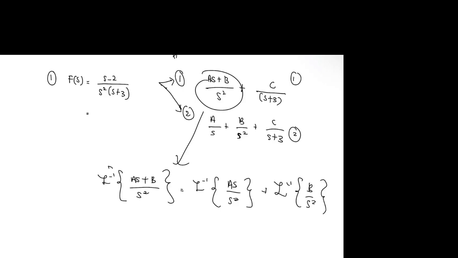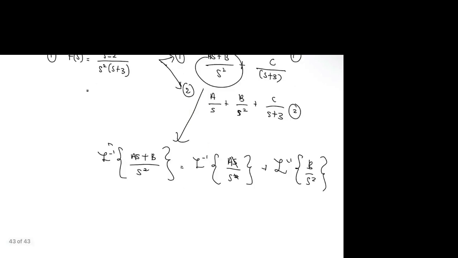Then as over s squared, because we have a common factor, this one will be a over s. So it is the same, you see, from here you came to here, same as number 2. So either you do number 1 or number 2, but I think you do number 2 directly. No need to do number 1. So if you do number 2, you will get this form when you want to find the inverse Laplace: a over s, b over s squared.